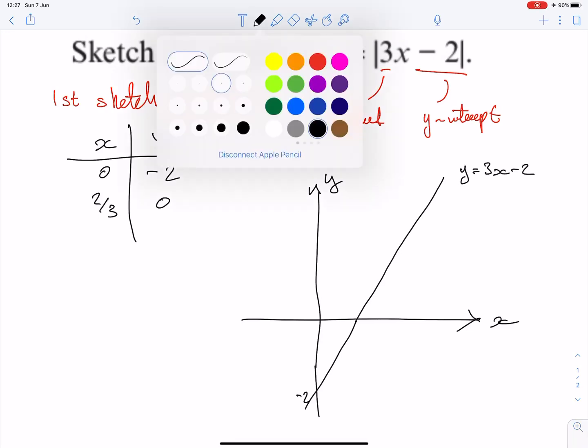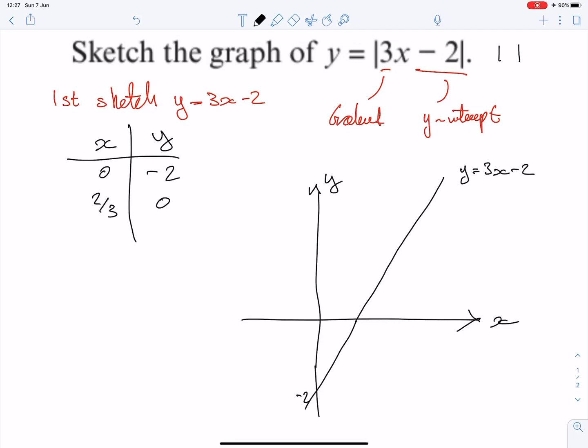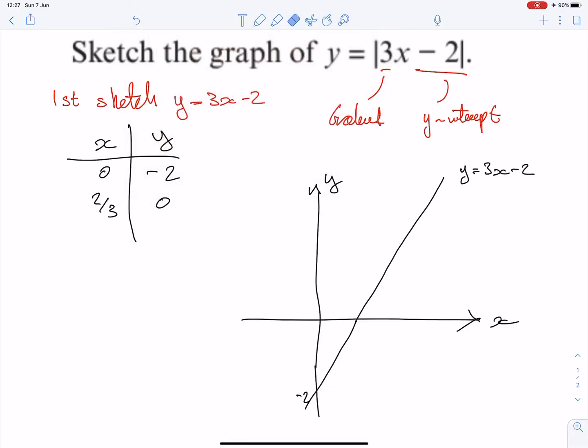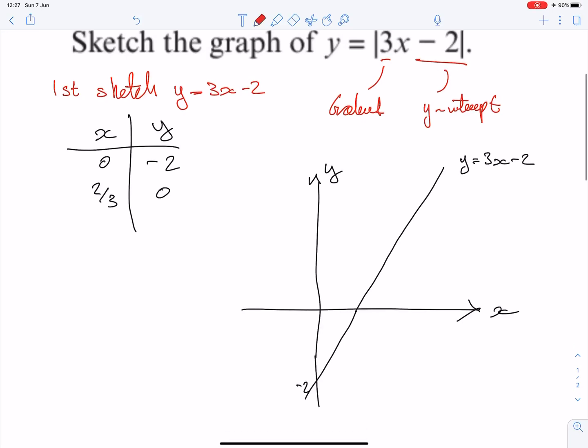Now the modulus of a function says outputs are positive. So instead of getting negative 2 as our y-intercept down here, we're going to get positive 2 as our y-intercept.